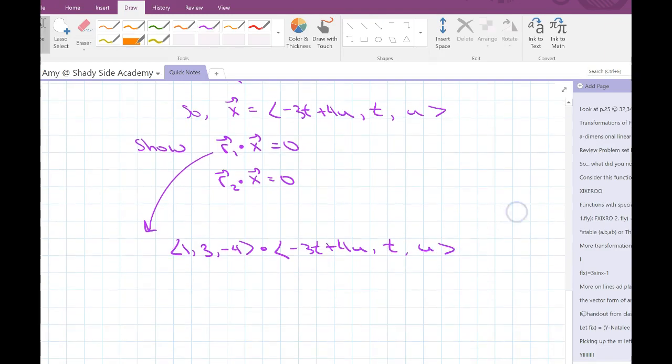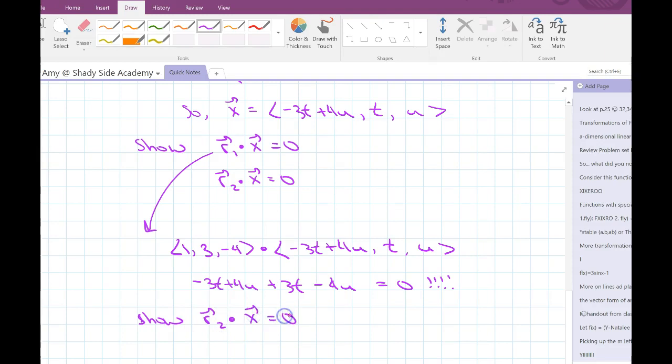When I dot these, I get negative 3t plus 4u plus 3t minus 4u. What happens? Yes, it equals 0. Ding, ding, ding. And why don't you do the check? Show that vector R2 dotted with x also equals 0.